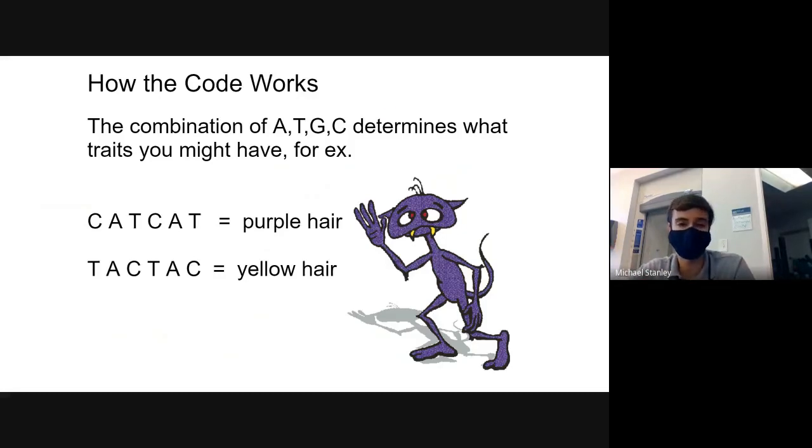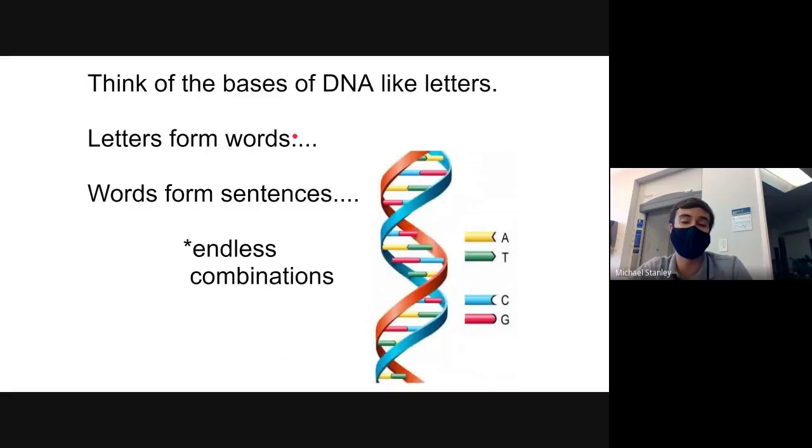And while it seems kind of crazy that four letters determine everything about how your body works, I like to think of it like the letters of a language. For example, the English language is made up of 26 different letters, A through Z, right?